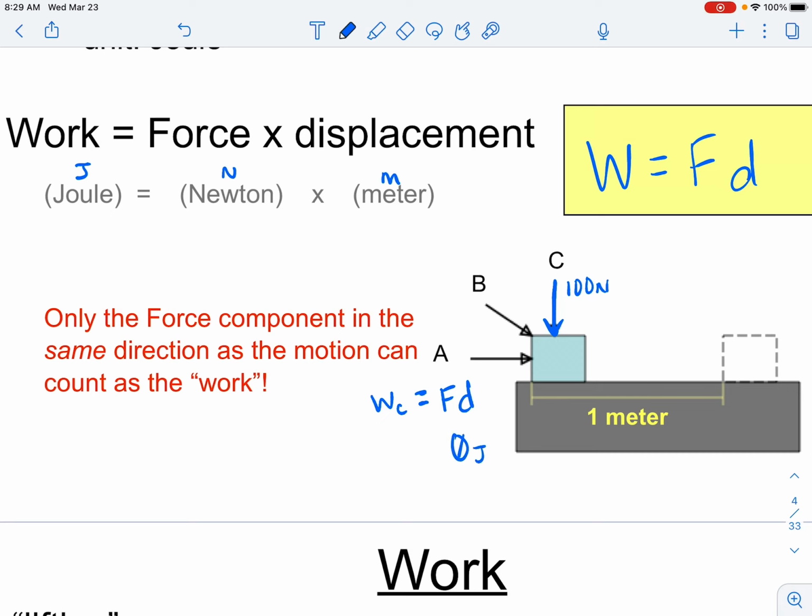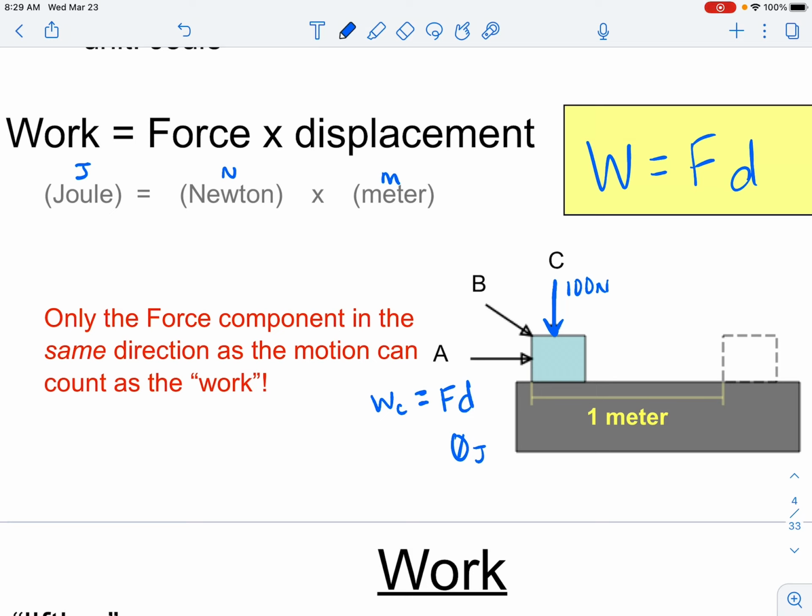And this is because although we have 100 newtons of force, this is not providing a vertical displacement. So vertically speaking, my force is 100 newtons, but vertically speaking, my displacement would be 0. So work done by vector C is 0 joules.